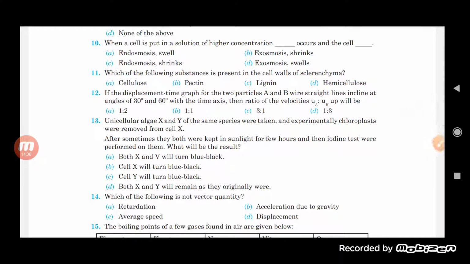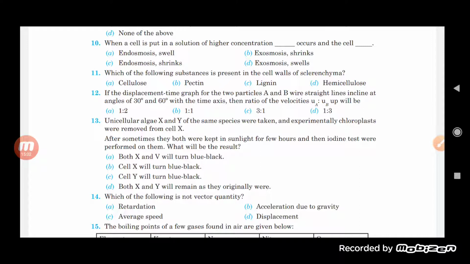Now when a cell is put in a solution of a higher concentration, dash occurs and the cell dash. Basically, when a cell is put in a solution of high concentration, it starts showing exosmosis.